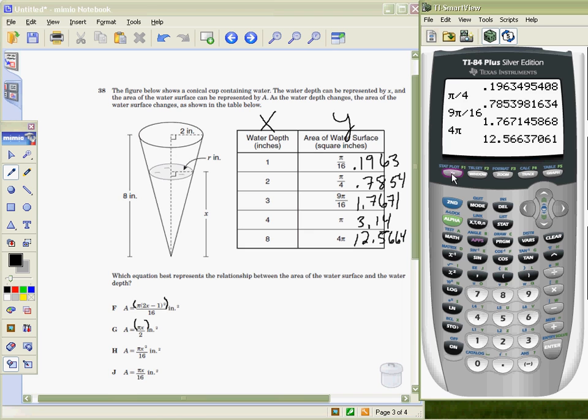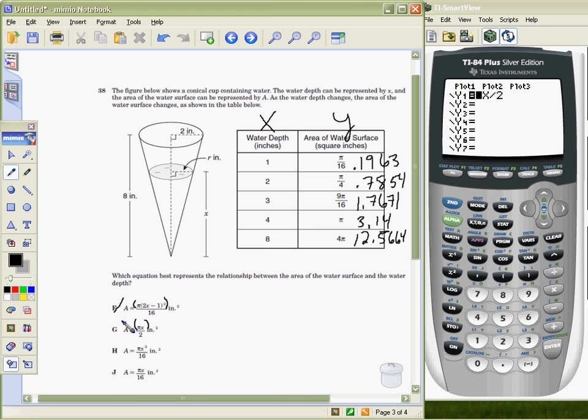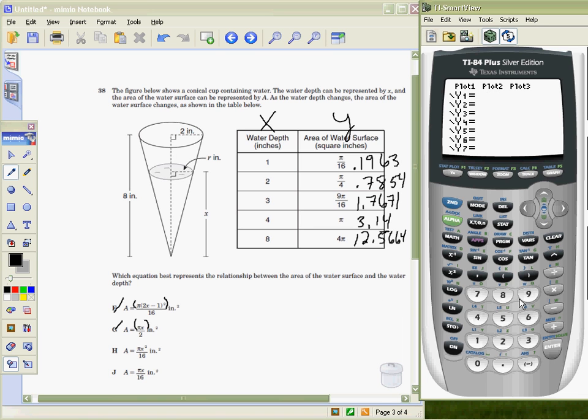Now we just go to y equals. We already know that this one doesn't work. G's not going to work. Let's look at H. Notice I didn't have to use parentheses here on top because I just have multiplication and division all the way here. So it's going to go multiplication and division from left to right.